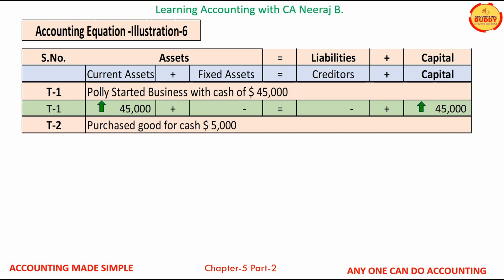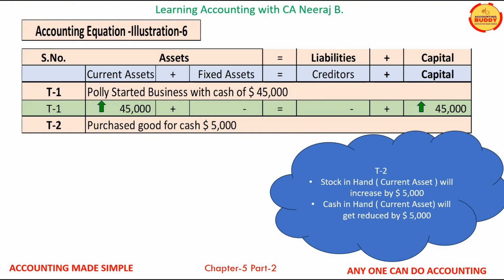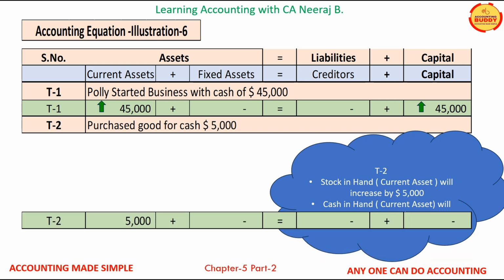The transaction number 2 is on your screens. Polly purchased goods worth $5,000 on cash. The two accounts which are getting affected by this transaction are the stock and the cash, and both are asset accounts.